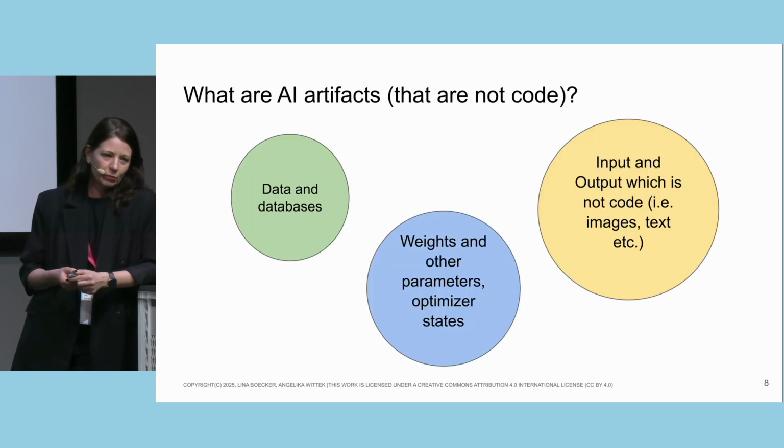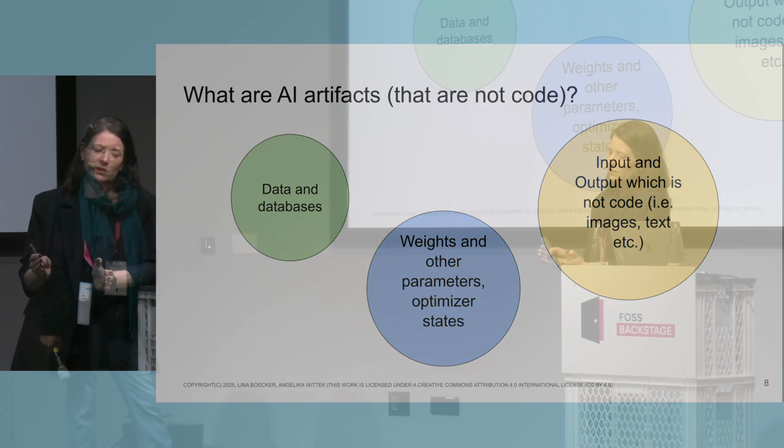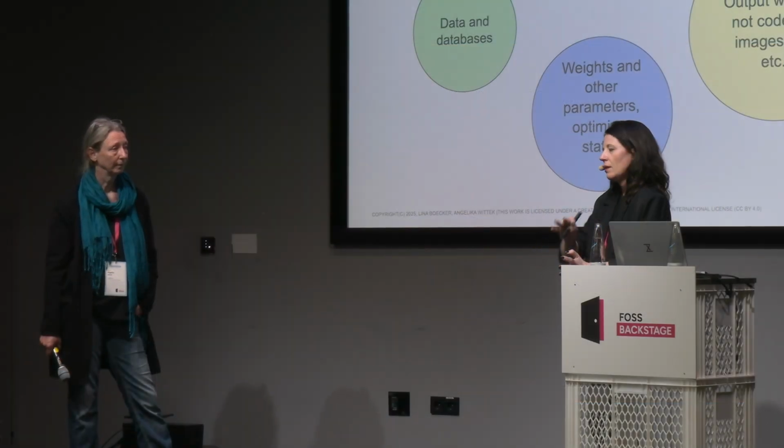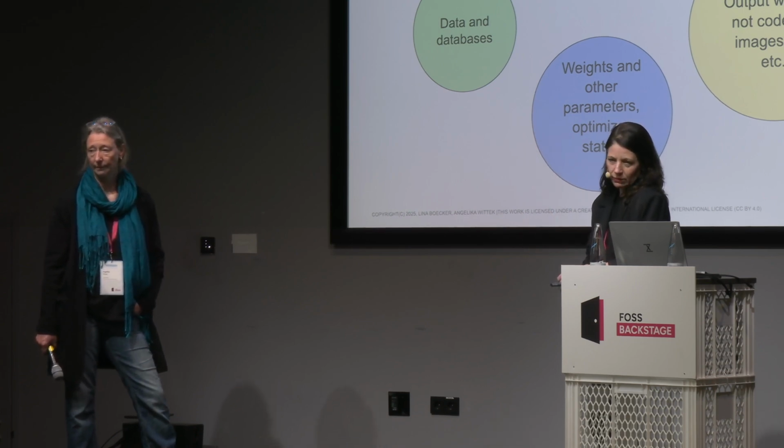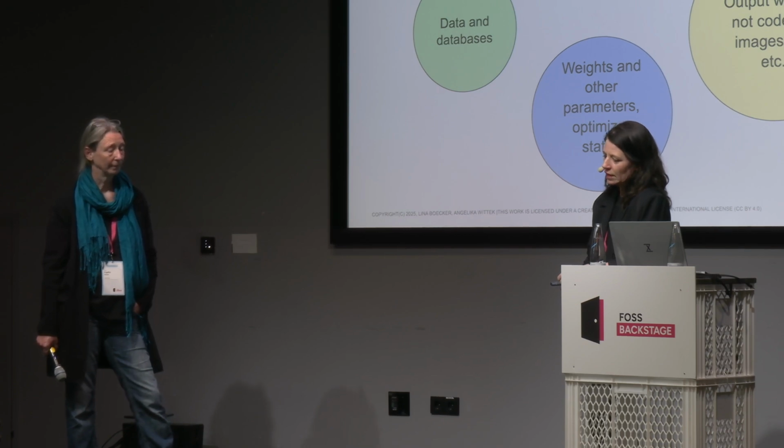We had a closer look because we wanted to talk about non-code licensing today. If we have an AI model or AI system, of course, a lot of it is code. But we do not want to talk about the code because that's quite clear for all of us. We tried to summarize what artifacts we have in the surrounding of an AI system which are not code. And that would be, of course, the data and databases with which a model is trained, for example.